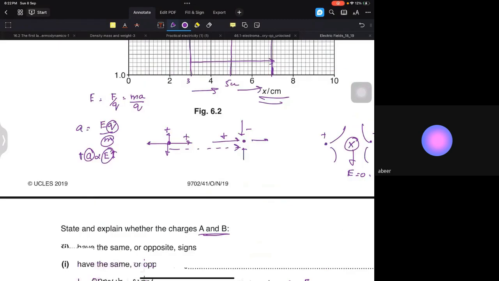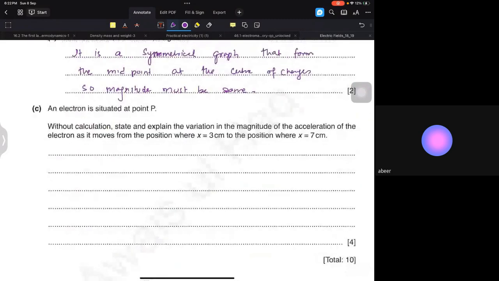So it is of 4 marks actually. That means we have to give the equation as well. We're going to say acceleration is proportional to electric field strength. This should be your first mark.